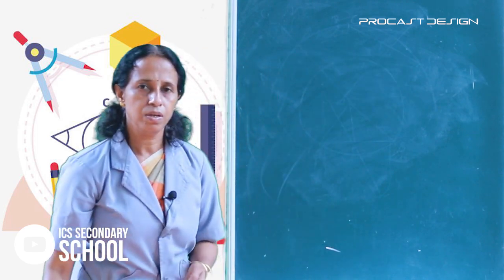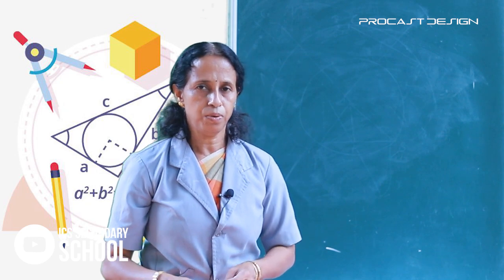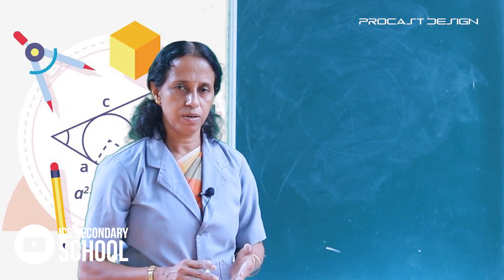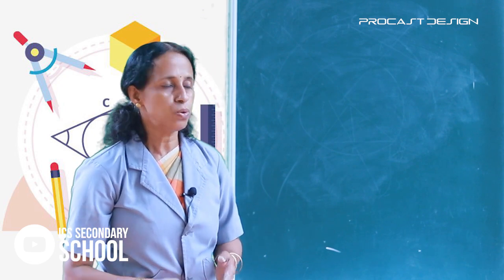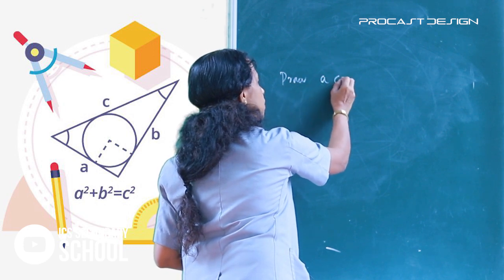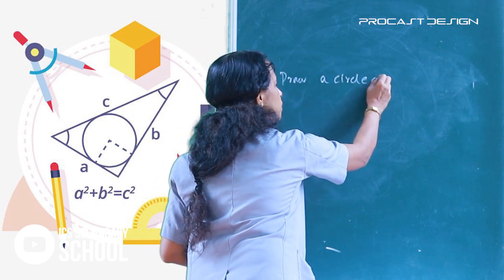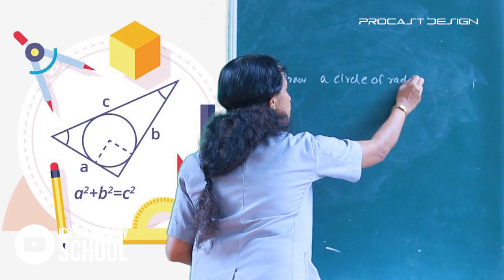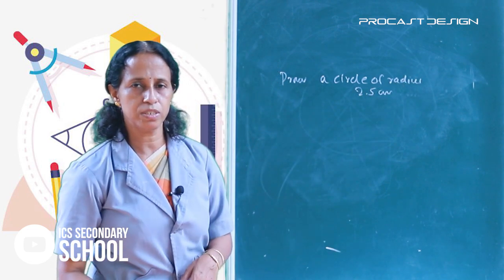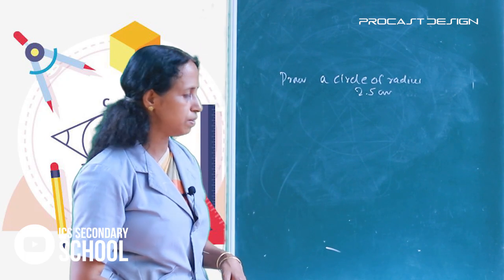Next, look, how can you draw a circle of radius 2.5 centimeter?